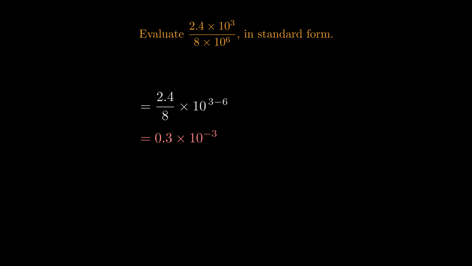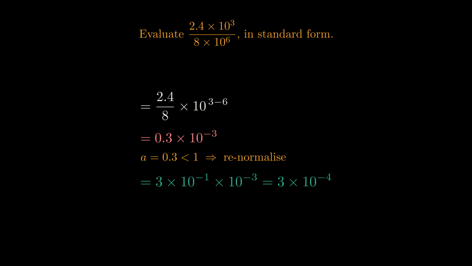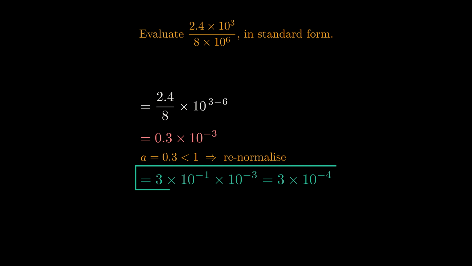But watch: 0.3 is less than 1, so this is not standard form yet. Renormalize. Write 0.3 as 3 times 10 to the minus 1, and combine the powers: 3 times 10 to the minus 4. The point moved right, so k dropped by 1, from minus 3 to minus 4. That final tidy is exactly the mark students throw away.